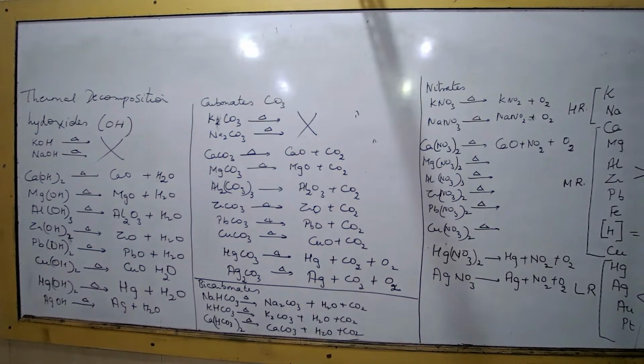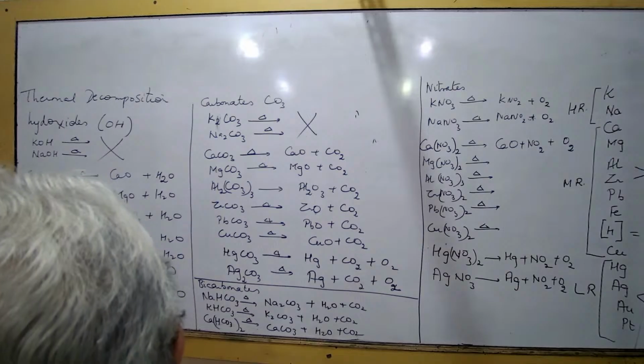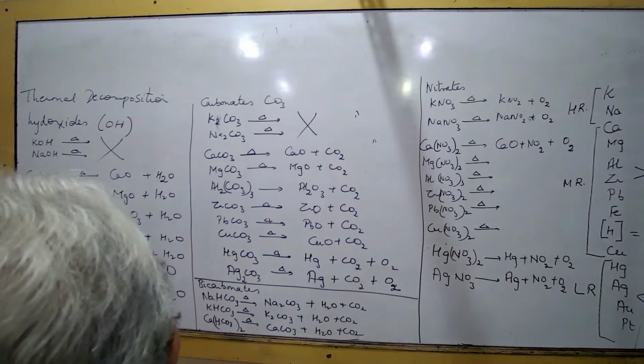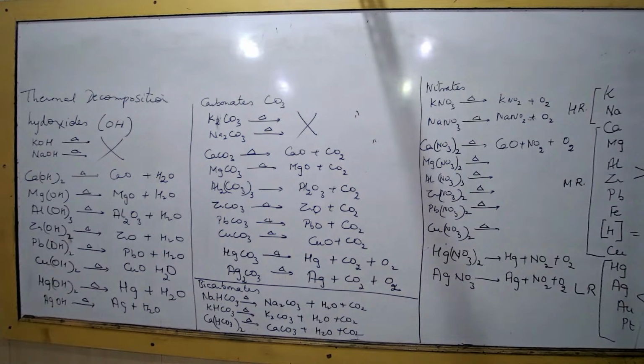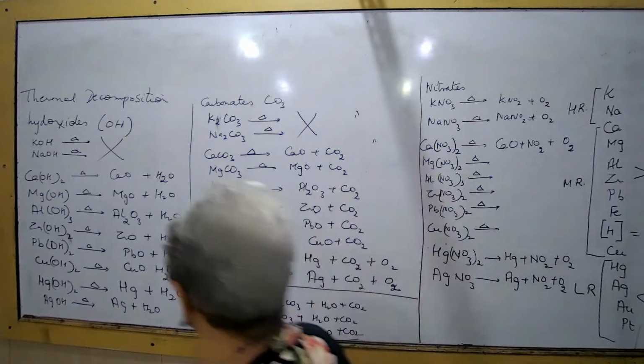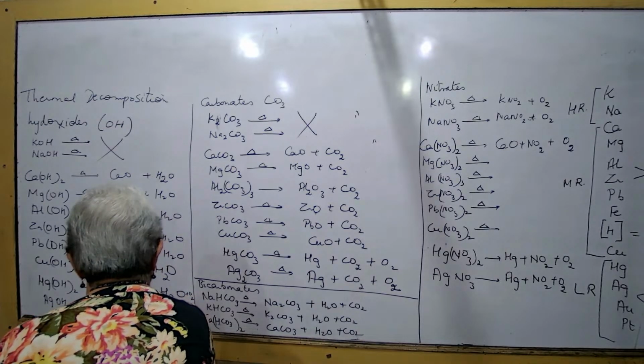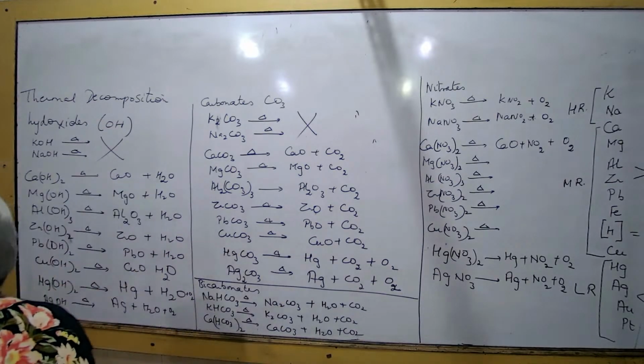Mercury and silver, their photo also is there. In hydroxide, oxygen is also getting released. You see, mercury and silver. Sorry, I made a mistake here. Correct, you're right.